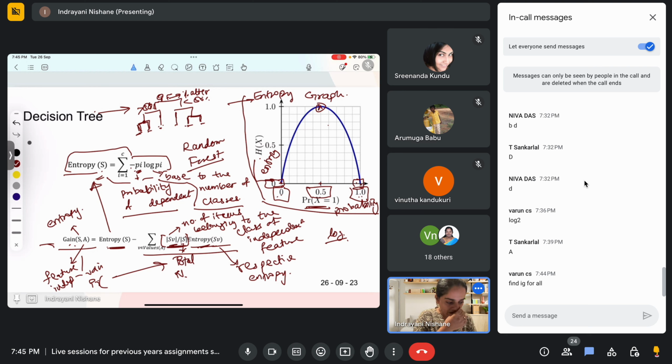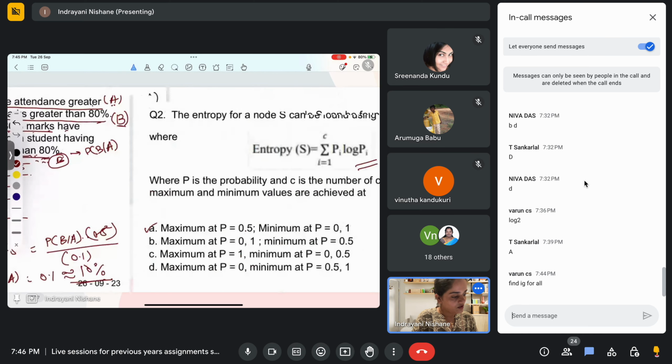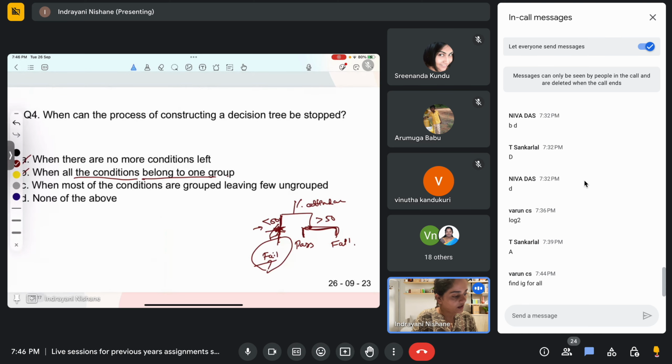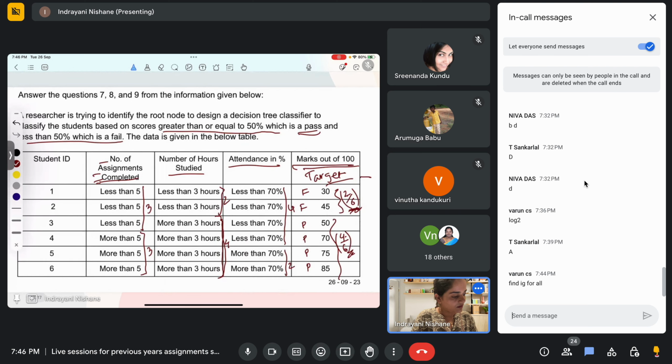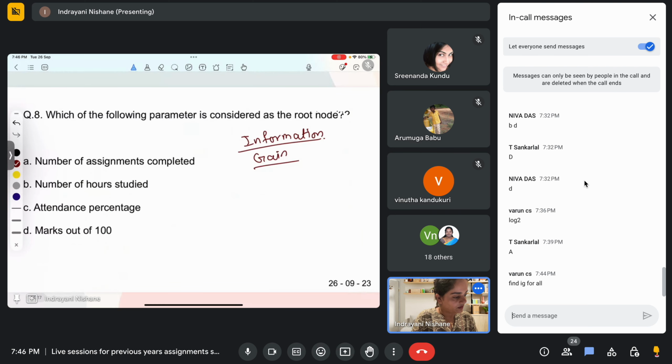So remember this formula: entropy of S minus the sum of SV by S, which is the class count, times entropy of SV. For ease of calculation, remember the entropy for probability values from 0 to 1.